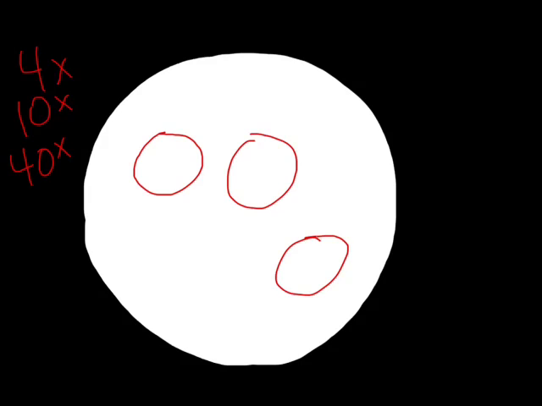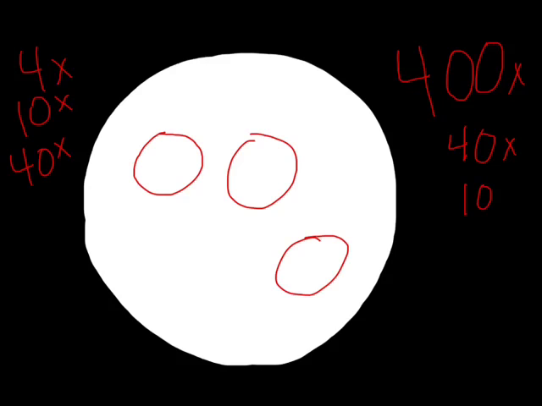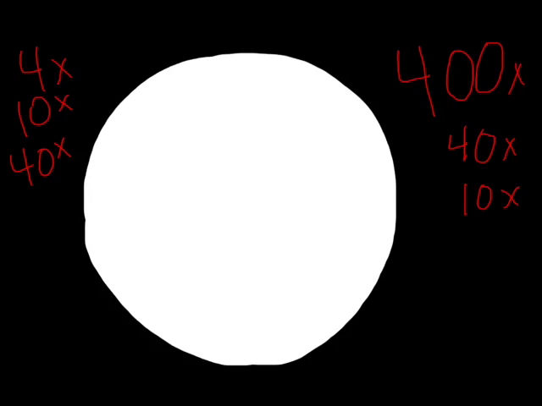If we go to bump this up to get a closer look and see what's going on inside the cell, let's say we're going to 400 times, which is the high power multiplied by the ocular lens, what we would see is maybe something like this. Zoomed way in.